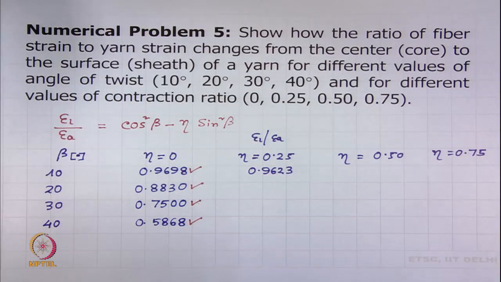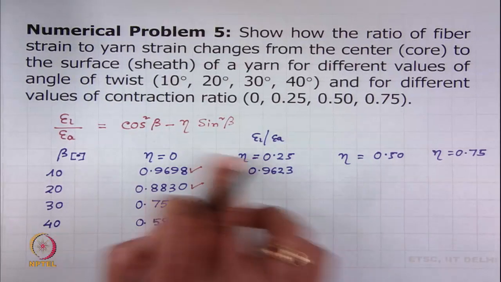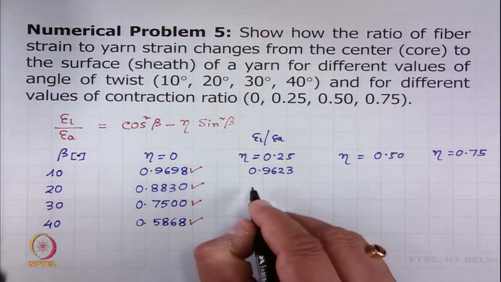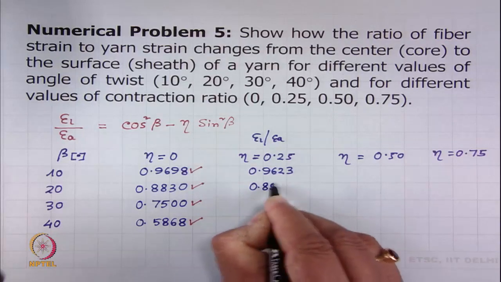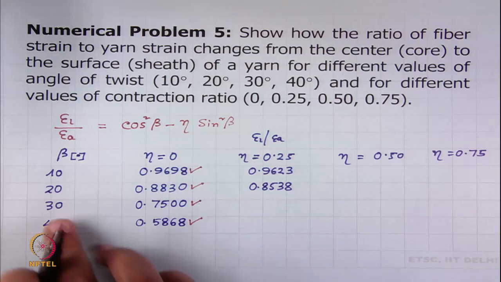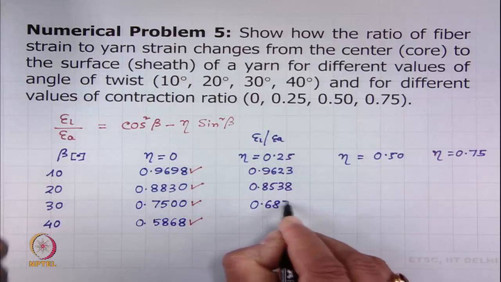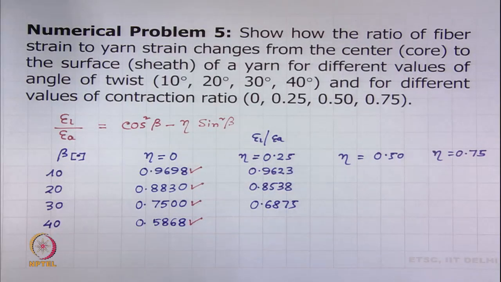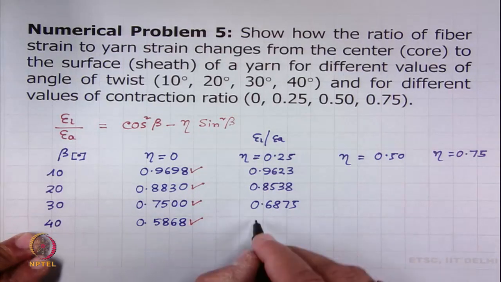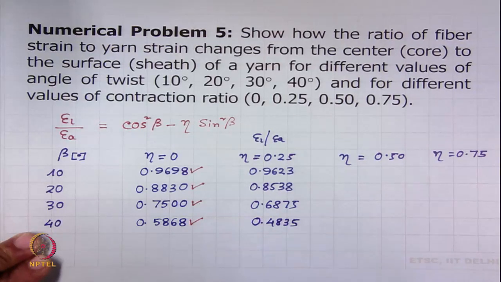Similarly, when beta is equal to 20 degree, epsilon L by epsilon A will be 0.8538. Similarly, for beta 30 this value will be further less, 0.6875. When beta is 40 then this value is remarkably less, 0.4835.